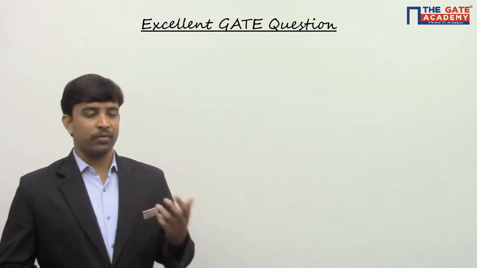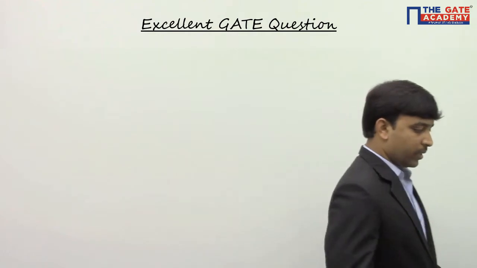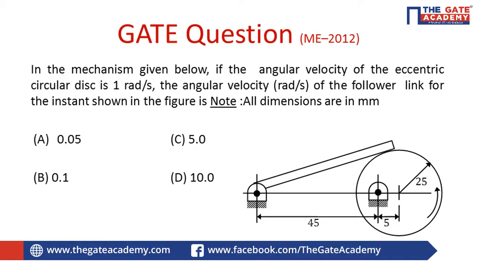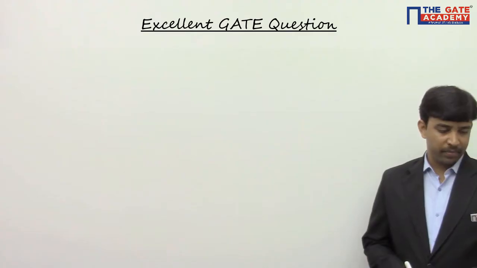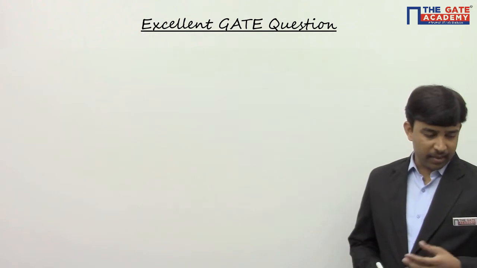Many students get confused in this question. If you look at this question, it is like this. In the mechanism given below, if the angular velocity of the eccentric circular disk is 1 radian per second, the angular velocity in radian per second of the follower link for the instant shown in the figure is. So he gave a cam follower mechanism.